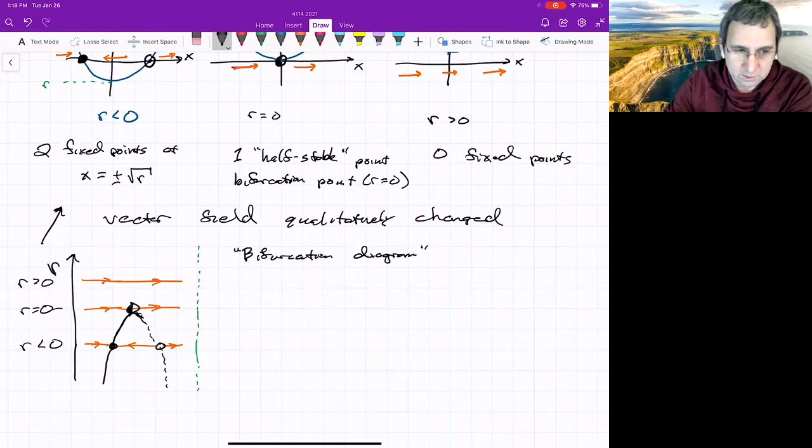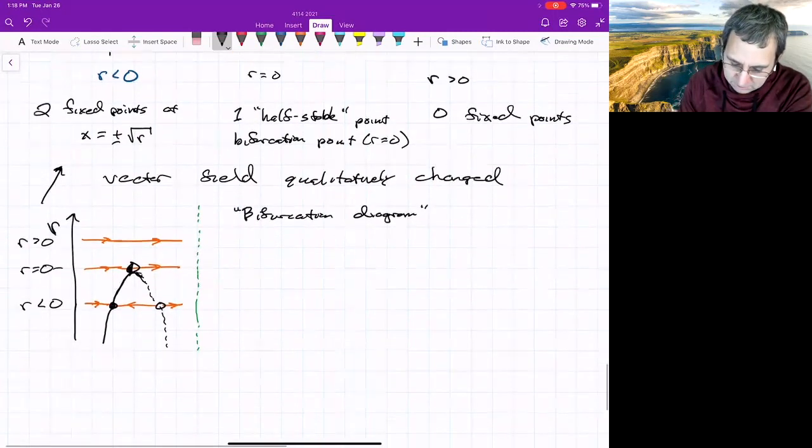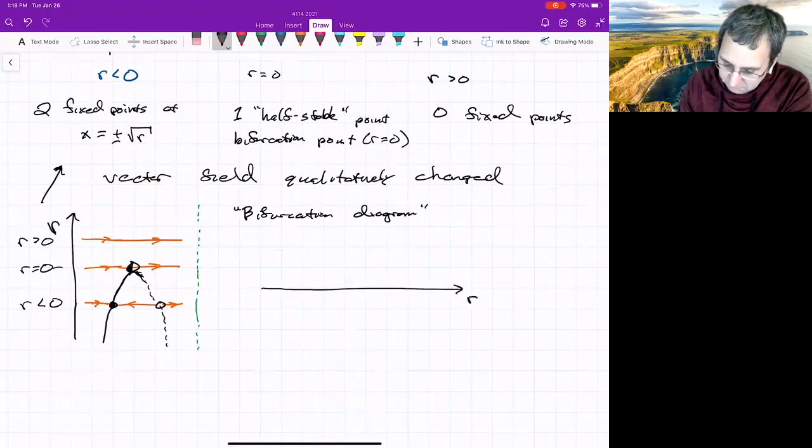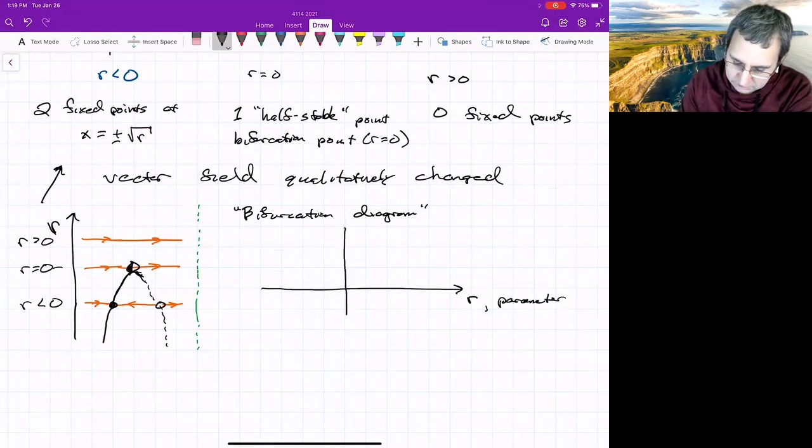So the typical way that this would be depicted for the SaddleNode bifurcation, we've got a parameter along the horizontal axis, and along the vertical axis where you put this x, or the state of the system.